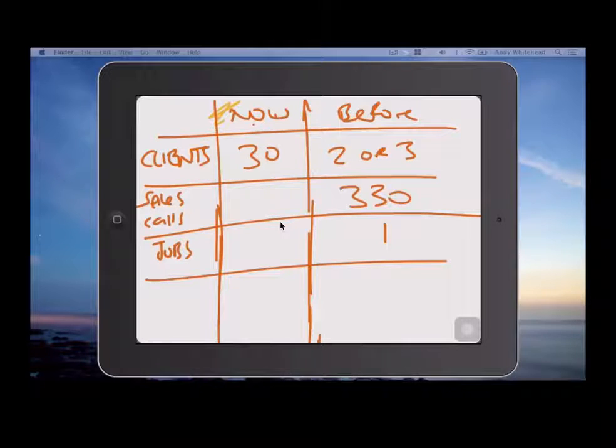To try and put some sort of quantifiable metrics on it, to compare now to before sort of isn't fair, because what we were doing before had so much less value, and we were doing less of it, that they just weren't getting anywhere near the results.